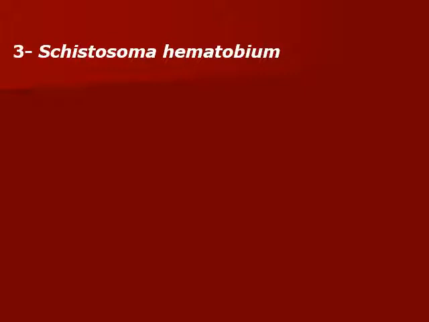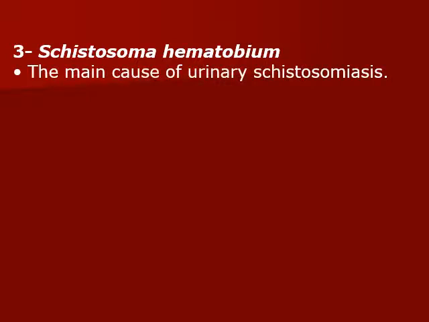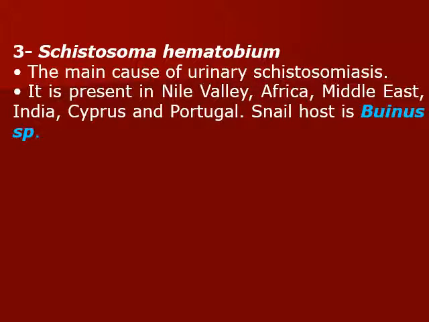Schistosoma haematobium, or urinary schistosomiasis, is present in the Nile Valley, in Africa, the Middle East, India, and also in Cyprus and Portugal. The snail host is the Bulinus species.